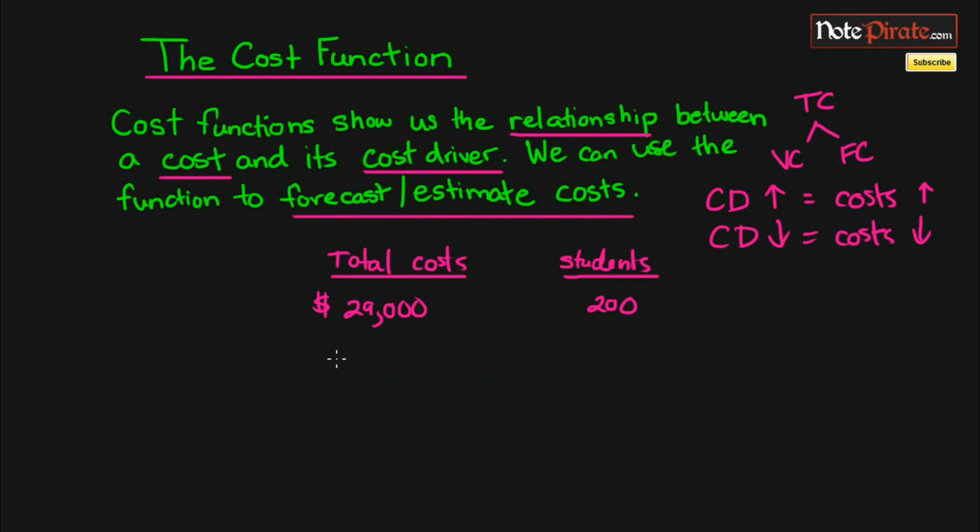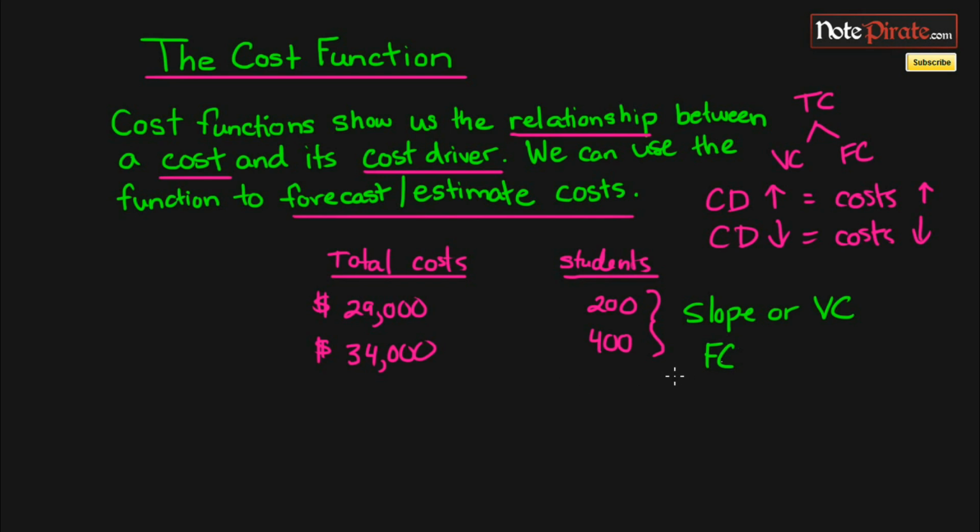With another point, let's say it's $34,000 and we have 400 students, we would be able to use these two data points to calculate our slope, or our variable cost, and using that we would be able to figure out our fixed cost. That's what we're going to see in the next tutorial.